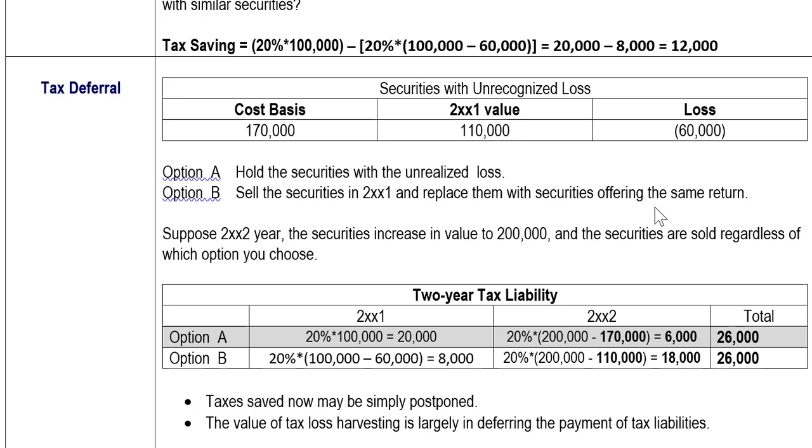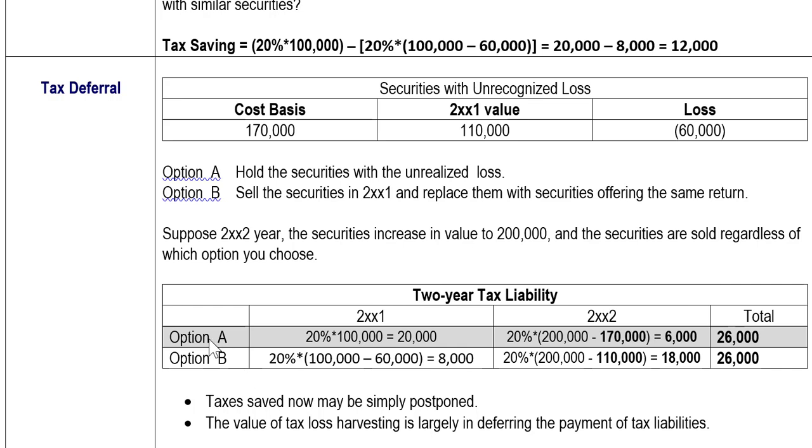Now, if we compare without and with selling those securities, what happens to our tax liability? Let's assume that in the second year, the security value does increase to $200,000, and you have to sell that security regardless in the next year. So we'd like to see the tax exposure or tax liability.